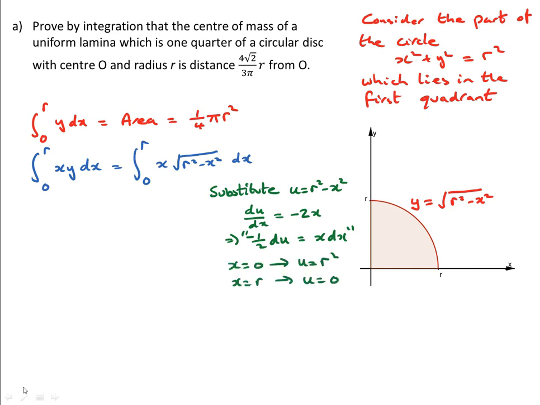When x is 0, we've got u equals r squared, and when x is r, we've got u equals 0. So when we make the substitution, we obtain the integral from r squared up to 0 of the root of u, that's the root of r squared minus x squared, which has just become the root of u, and the x dx has become minus 1/2 du.